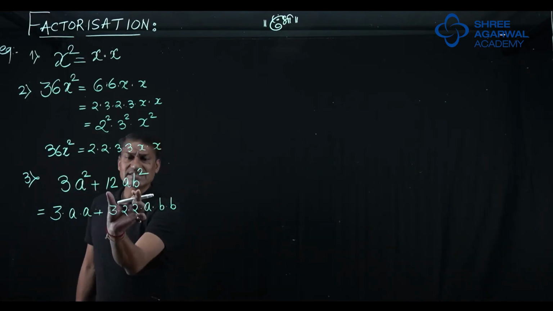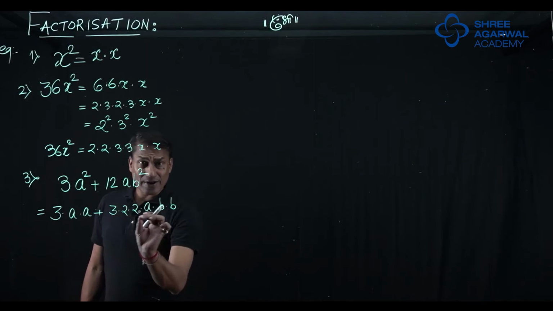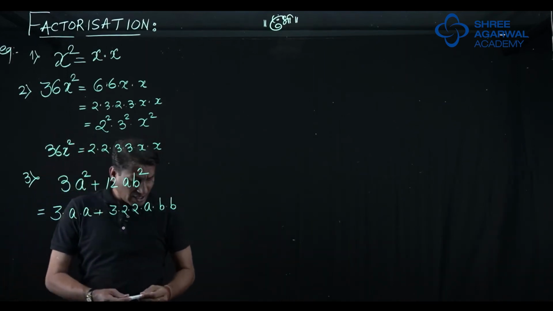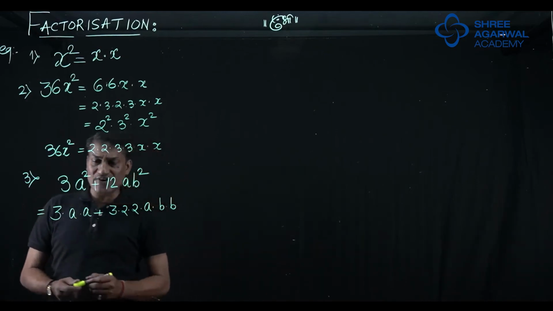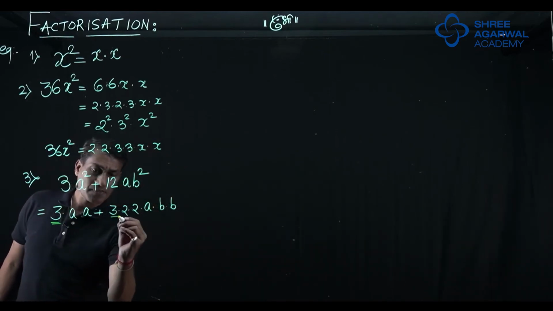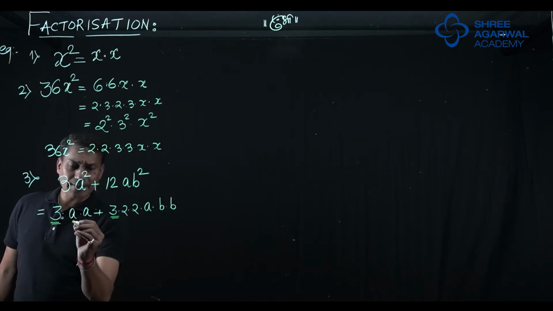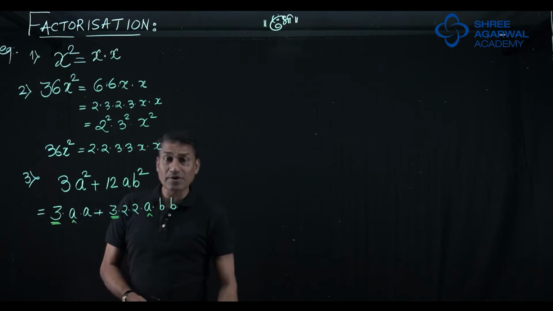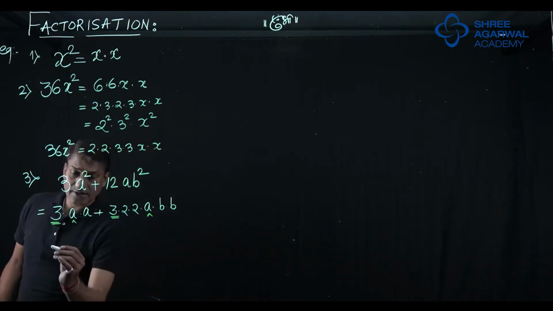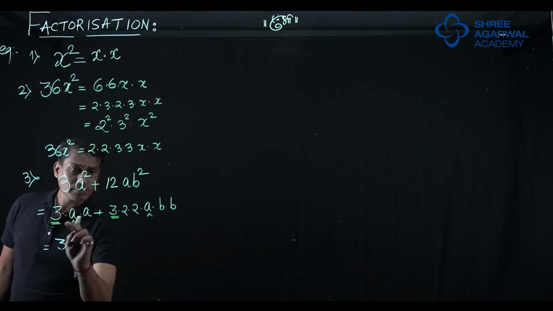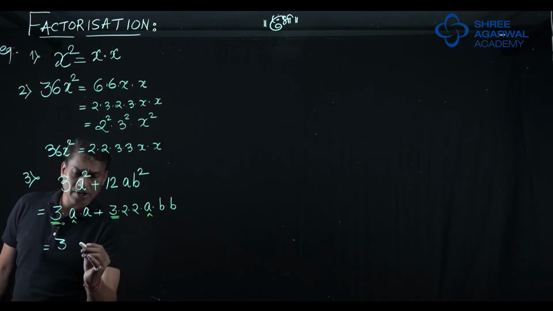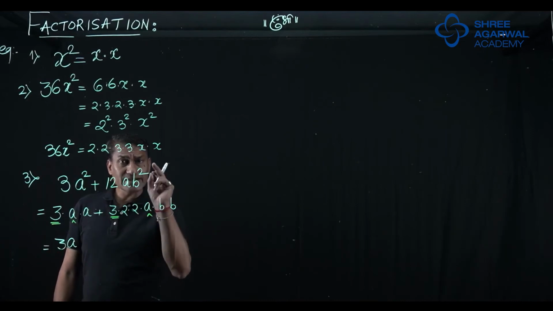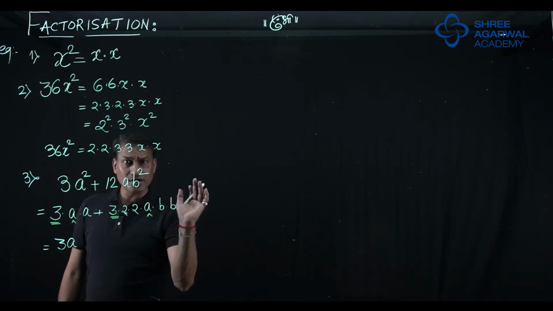Whatever are the common factors, let us underline them and take them outside. 3 is common, a is common. It means in these two terms, 3a is a common factor, and we have taken it out.